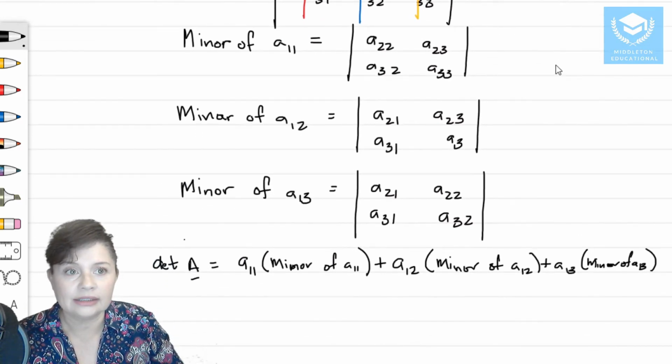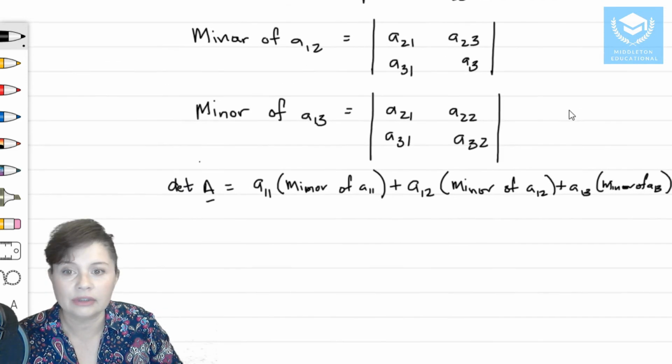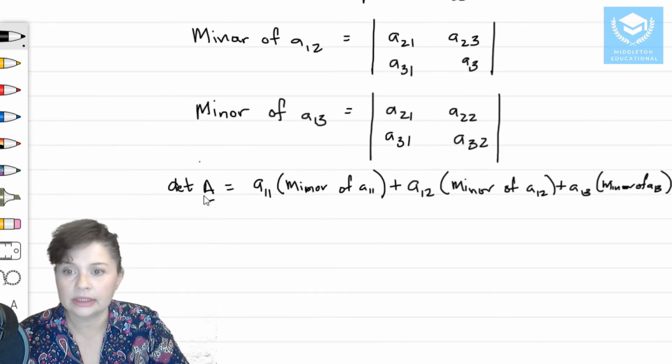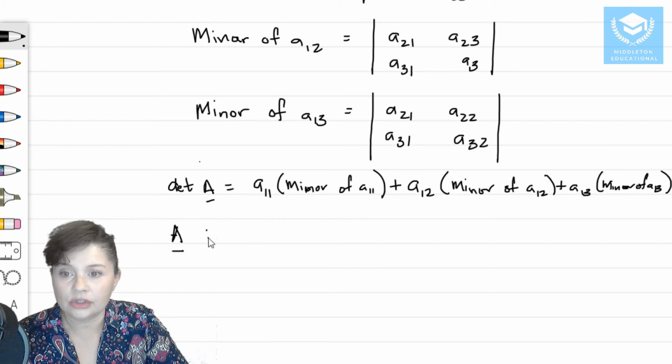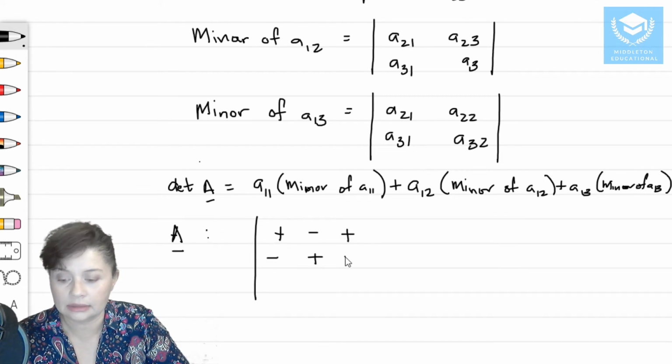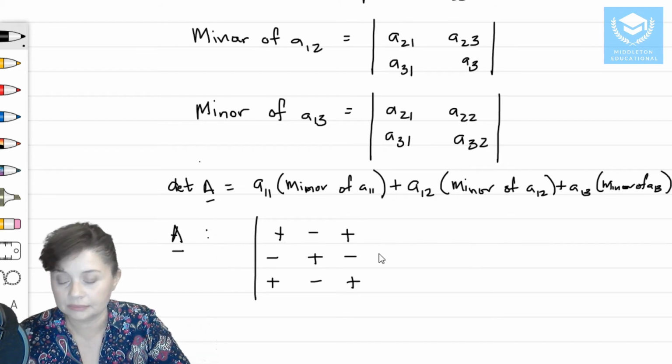So the way that's determined is if you have a matrix, right? Say we've got a matrix and we're going to use the matrix A. The signs are going to be plus, minus, plus, minus, plus, minus, plus, minus, plus. You see the diagonals are always plus.